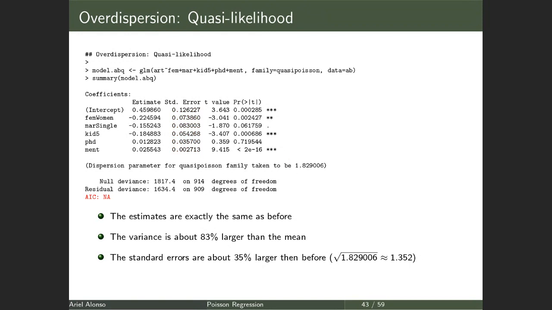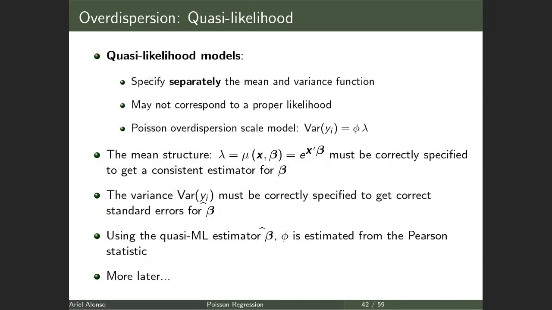Another important part is that you see that R is not giving you the AIC anymore. It's not giving you the AIC essentially because you do not have a likelihood here. This variance function that we specify over here doesn't correspond to any correct likelihood, because for the Poisson likelihood, the variance should be equal to the mean, and we are not doing that here. That's why you don't get a likelihood.